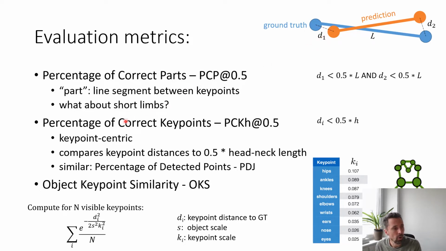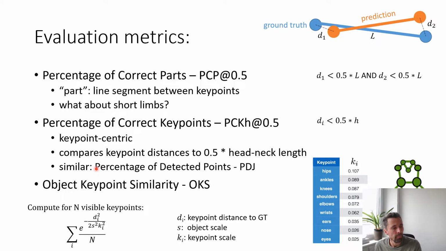And so that's motivating the second evaluation metric called PCK-H 0.5, which looks only at single key points, not those segments anymore. And those key points have to be within half the distance from the ground truth of a constant property here, which is the head to neck length.